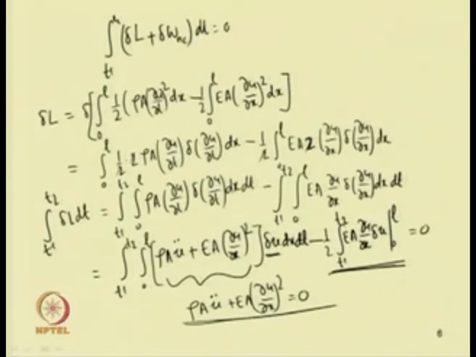This gives the boundary condition, E A del u by del x into del u from 0 to L. That means either u will be 0 or del u by del x will be 0 at either x equal to 0 or L. In this way one can derive the equation of motion for the longitudinal vibration of a beam.